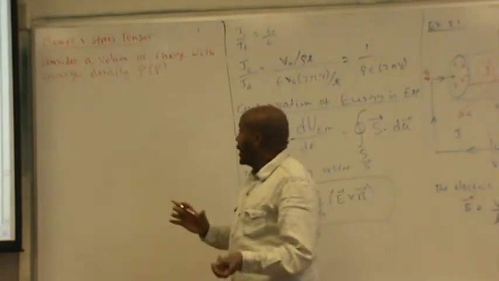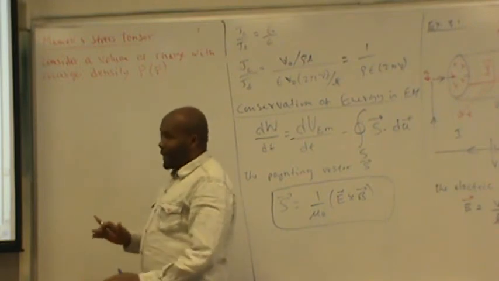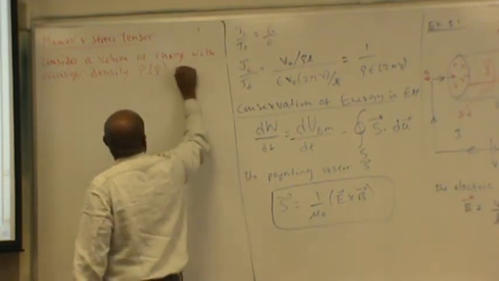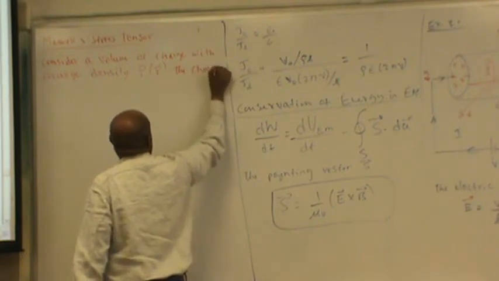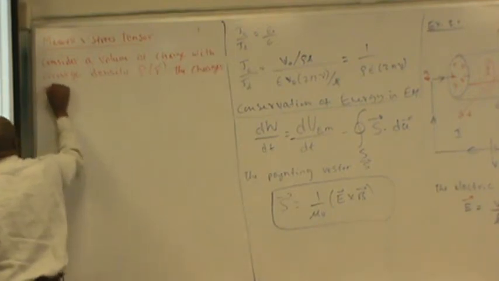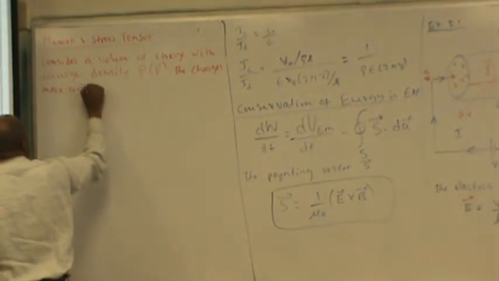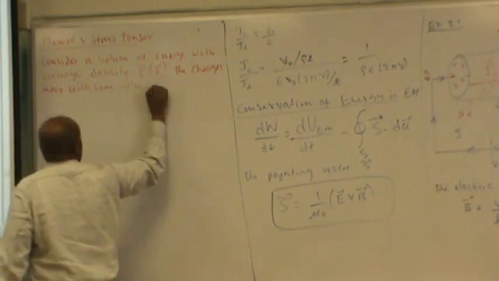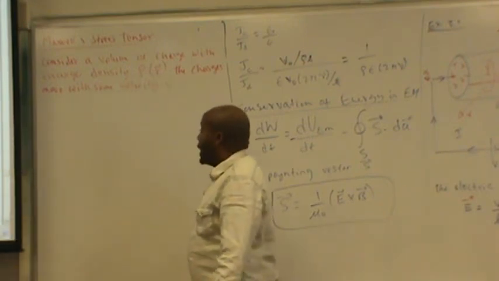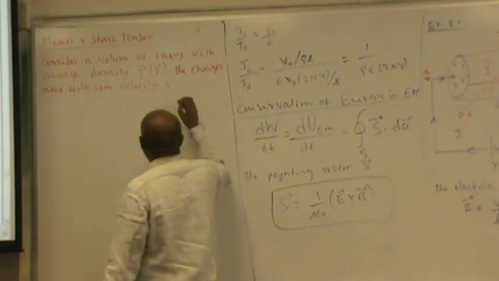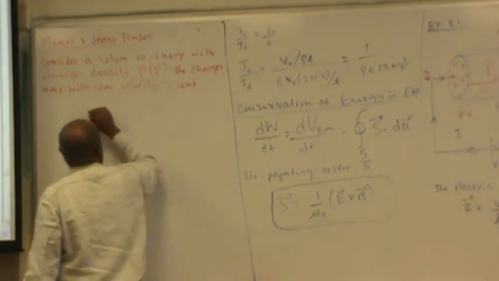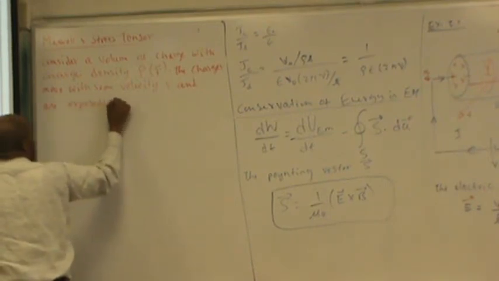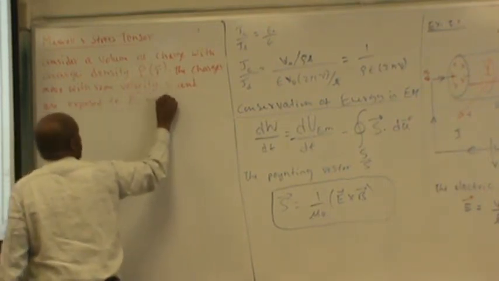Inside this volume, the charges are moving with some velocity v, and are exposed to E and B fields.